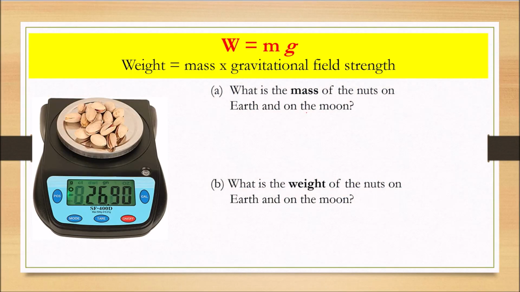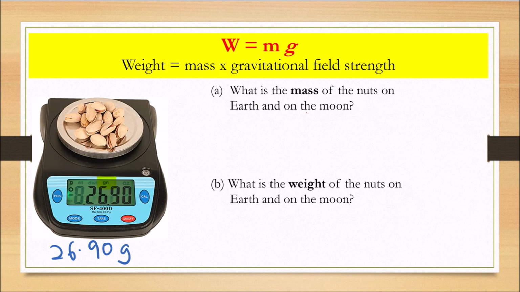And then the last slide. Now, the question shows an electronic balance with some nuts, and the reading that you see is 26.90 grams. I'm not sure whether you can see the grams here. So it's 26.90 grams. The question asks, what is the mass of the nuts on Earth and on the Moon?